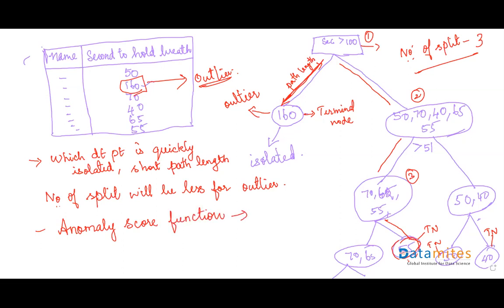This function will calculate the score for each data point based on the path length. We have a formula for this, so I'll tell you. Till here, is it clear?